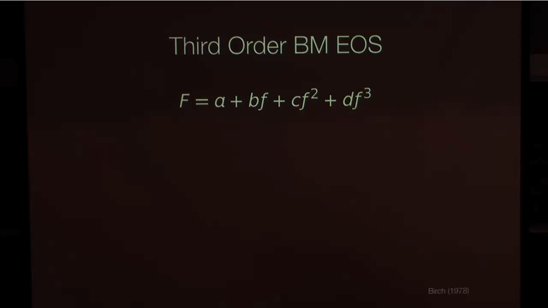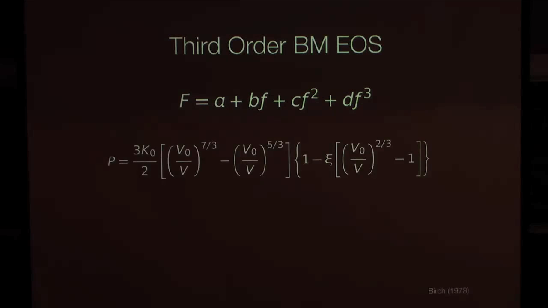Now the truncation happens at one higher term, and you get a more complicated equation of state, and now you have 3 parameters to fit or be concerned about: volume at 1 bar, bulk modulus at 1 bar, and pressure derivative at 1 bar, which is how fast or slow the bulk modulus increases with pressure.